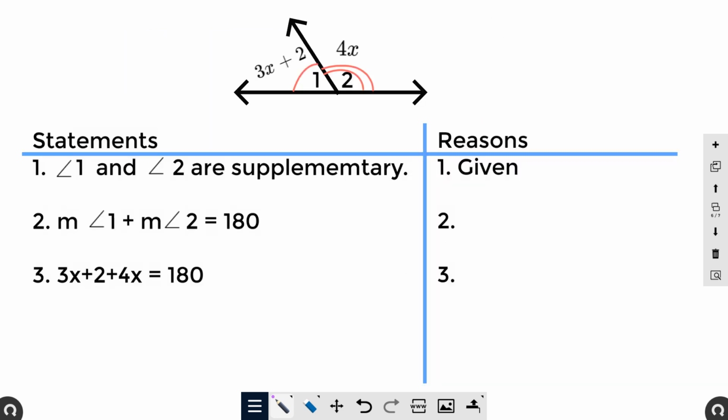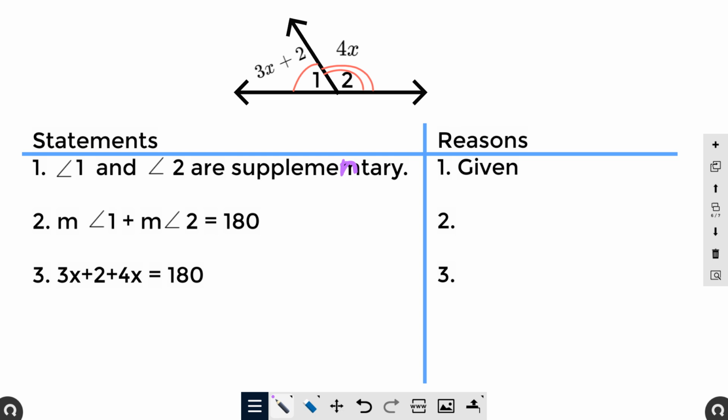We have another picture, and it says angle 1 and angle 2 are supplementary, and then I spelled supplementary wrong. Let's pretend like this is an N. I really wish this board had spell check, but it does not. That's okay. But let's say that was given. So now we have in statement 2, angle 1 plus angle 2 equals 180.